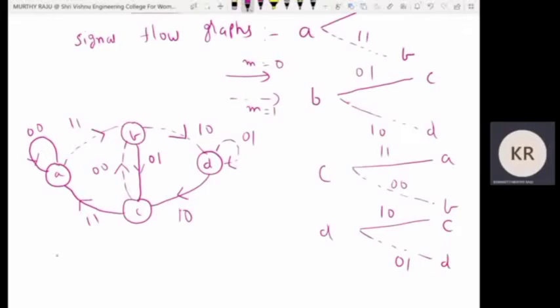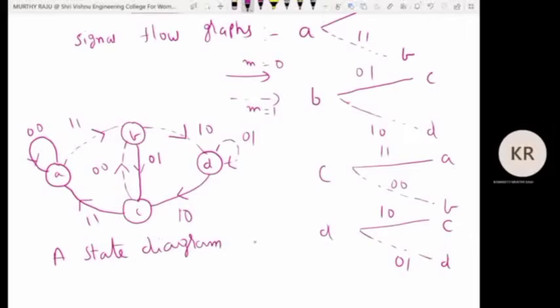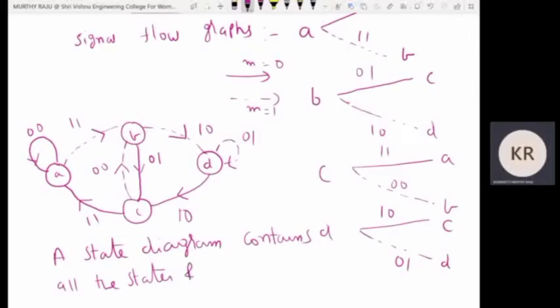The state diagram contains all the states and the possible transitions between them.